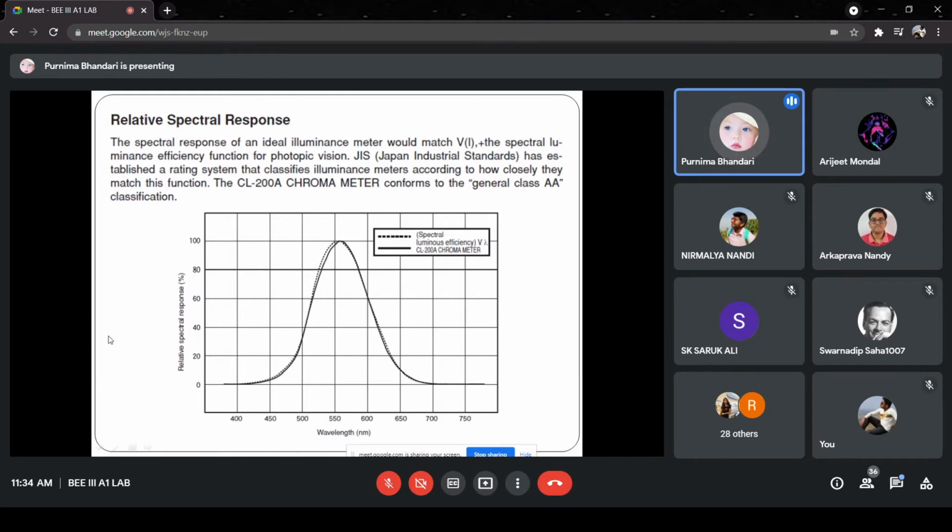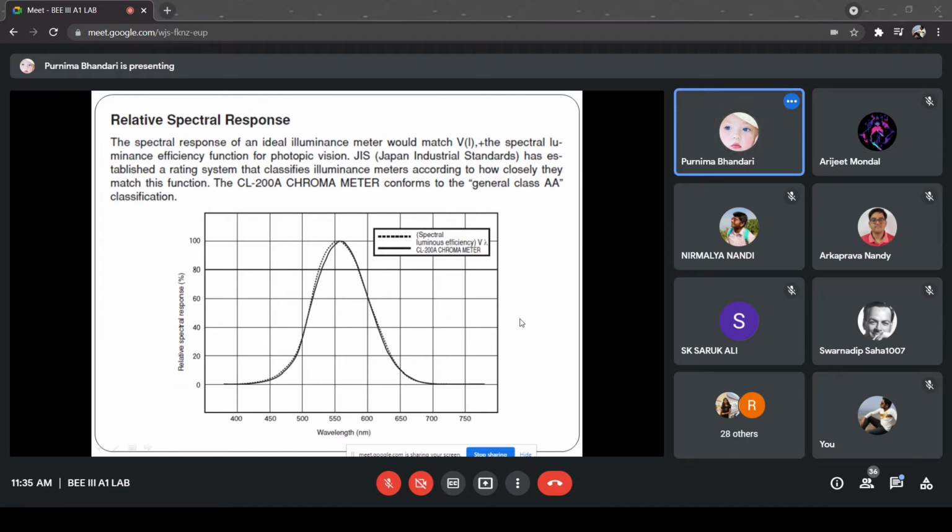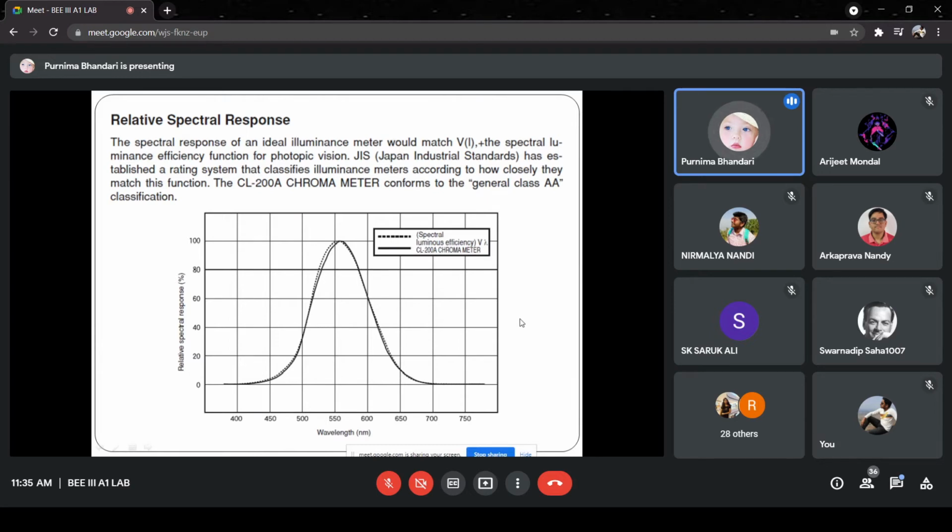As you know, light is the visual response of the human eye, the perception of the human eye, so it varies from person to person. Different persons have different visual sensation. So there is a standard given by CIE, who studied the visual response of around 52 persons and gave a standard curve, the relative spectral response curve.